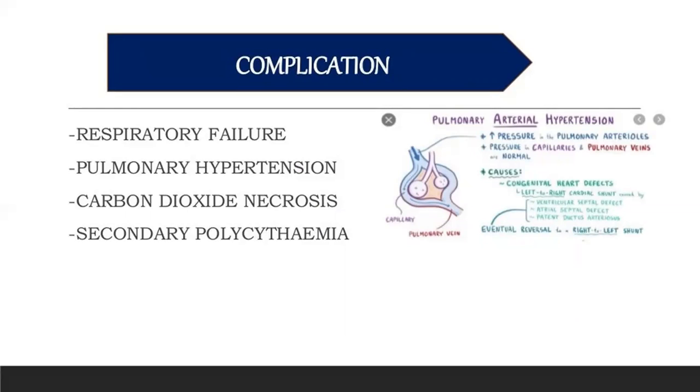These are the complications: respiratory failure, pulmonary hypertension, carbon dioxide narcosis, and secondary polycythemia.